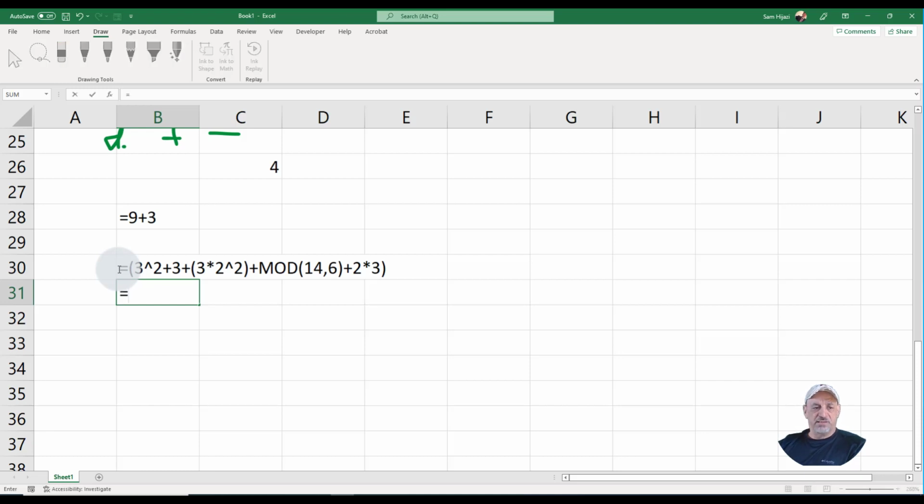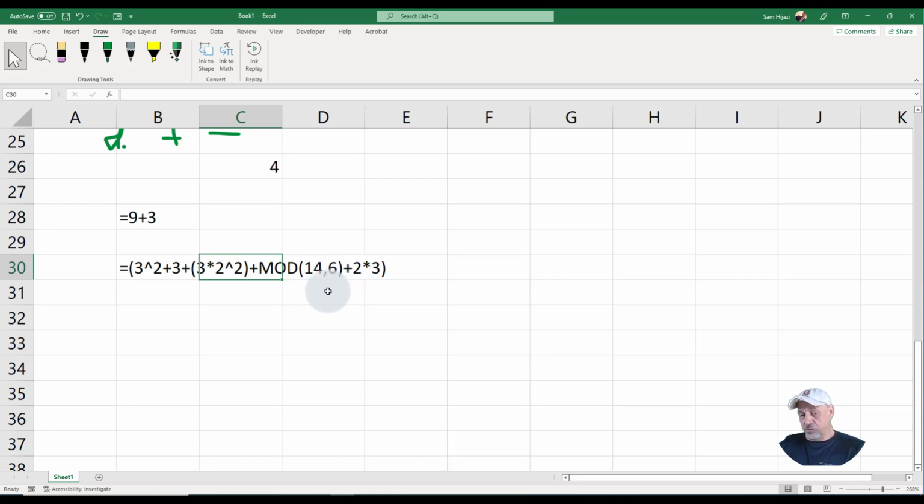Now we're going to go ahead and look at the most inner parentheses. First of all, the mod and the integer are treated as functions in Excel, and as you have seen, or if you haven't seen in a previous video, all functions in Excel must have their own parentheses.